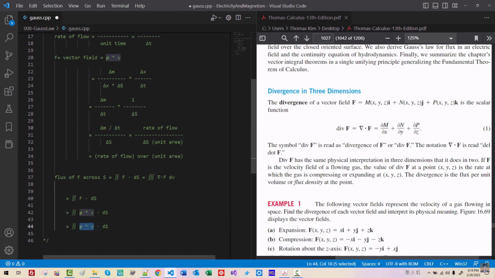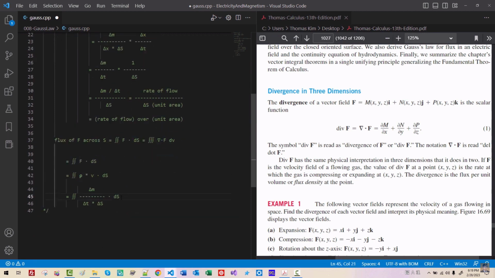So, this part can be delta m over delta t times delta s. Now, delta s cancels out. Then it becomes delta m over delta t.